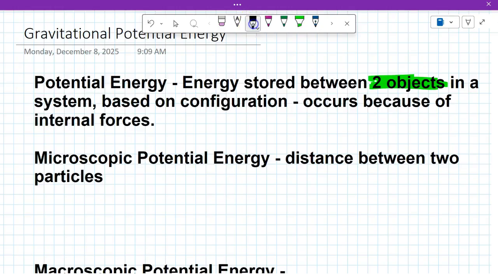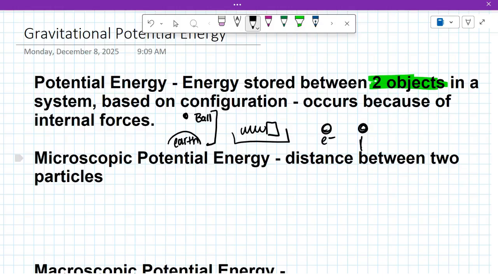Some examples of two-object systems that can store potential energy: we might have a ball-Earth system, a block and spring system, or an electron and a proton system.